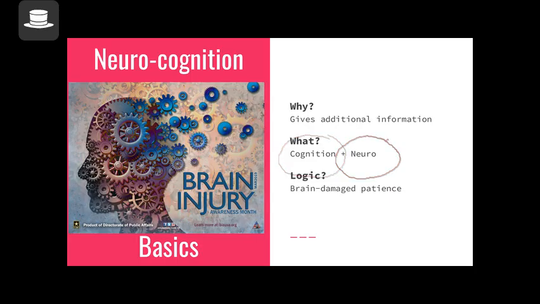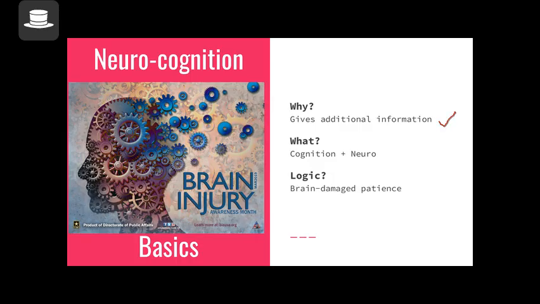Why? Well, it gives us additional information. Remember, the cognitive science approach's main point is that with multiple perspectives or multiple methodologies, we get multiple kinds of information about the human mind, which would help us get a bigger picture and a better understanding of the workings of the human mind. So, why neurocognition? Well, it gives us more information.